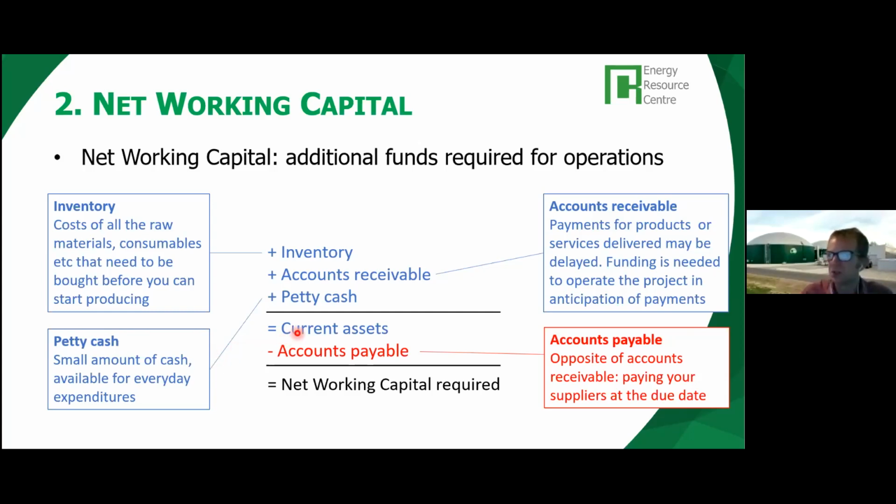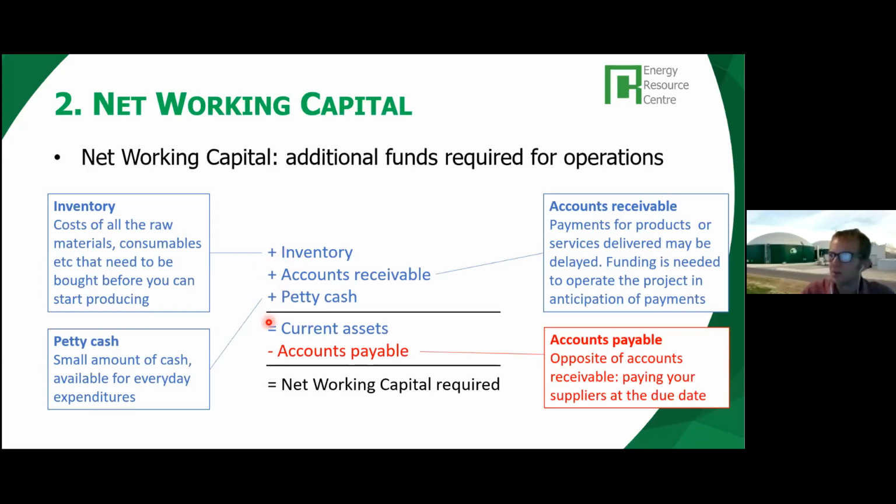And basically what you do is you add up everything where you need working capital for. So that's for buying your initial inventory, for having some additional funds for covering the accounts receivable, and having some small amounts of petty cash.